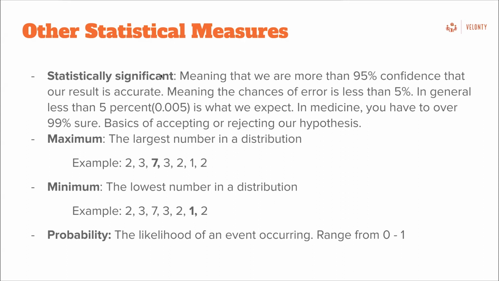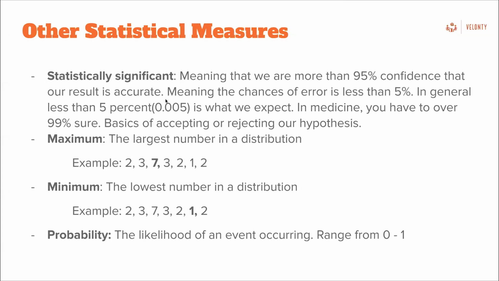So when we say statistically significant, most other fields use 95% and 5%, medicine probably uses 99%, and some fields use 90%. Most times the default setting for your software is 95%. So when you calculate something and see that the p-value is less than 0.05, you know that this is statistically significant.